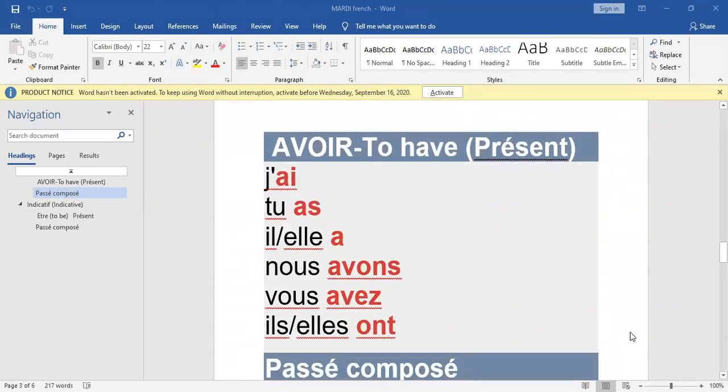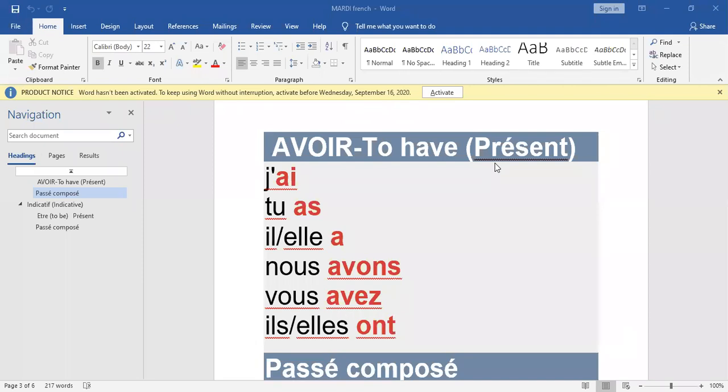Remember, this is our avoir. This is our helping verb. You can also take this verb into the past. You use it. It will help itself to go into the past. Have you not heard of I had? Is it not a past tense? Yes, it is. I have had.